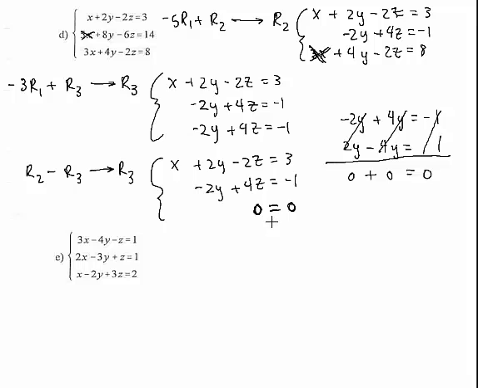So there are infinitely many solutions, but not every combination of three numbers is going to be a solution. So we need to figure out the specifics of x, y, and z. And so what we do is we pick what we call a parameter.